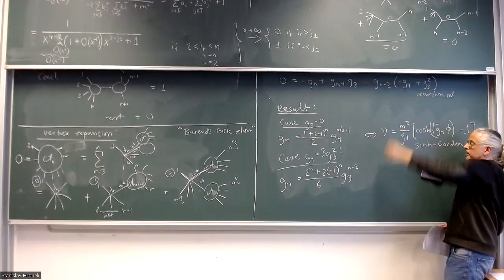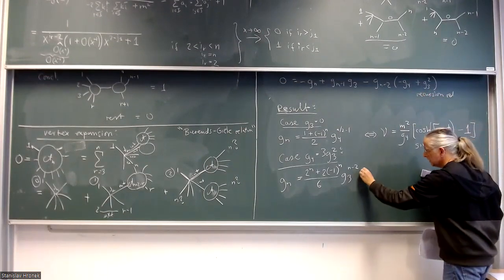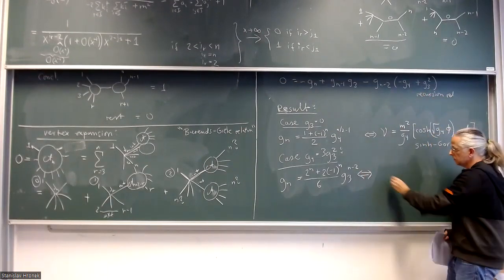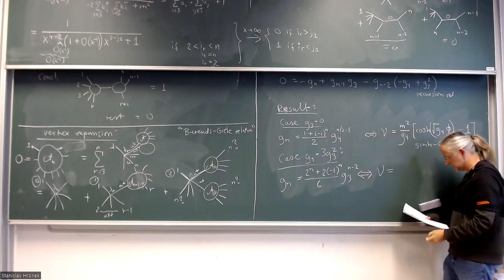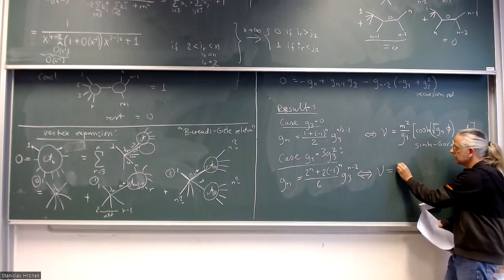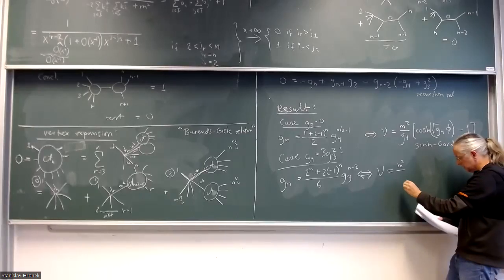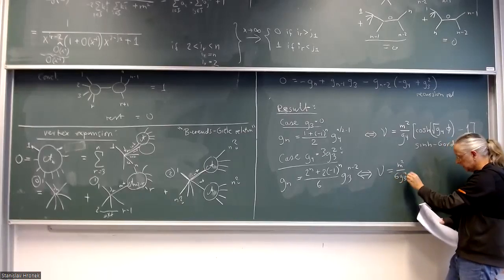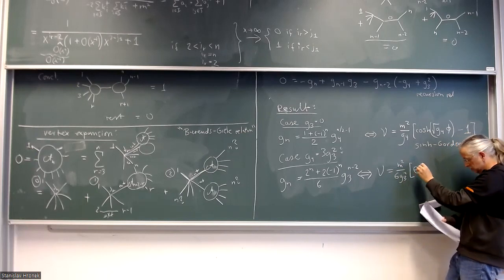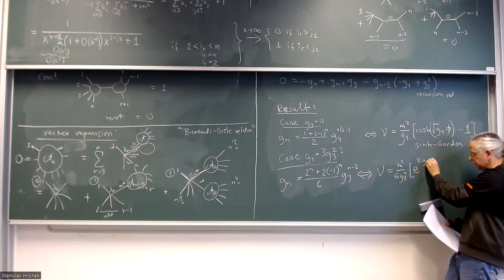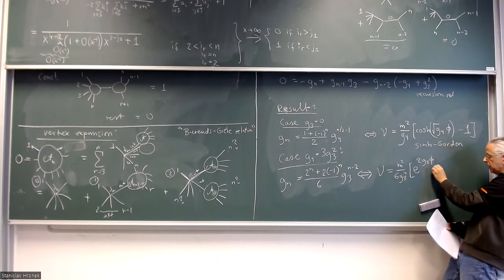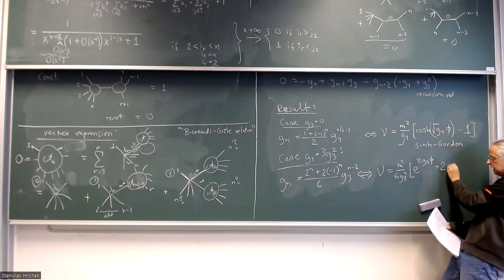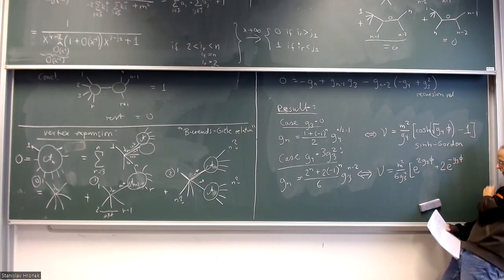And the other one is weird. So if we plug that into the potential, then you get m squared over 6 G3 squared, e to the 2 G3 phi plus 2 e to the minus G3 phi minus 3.